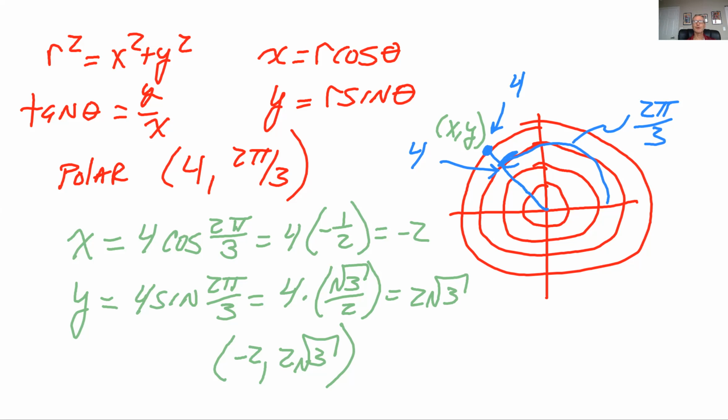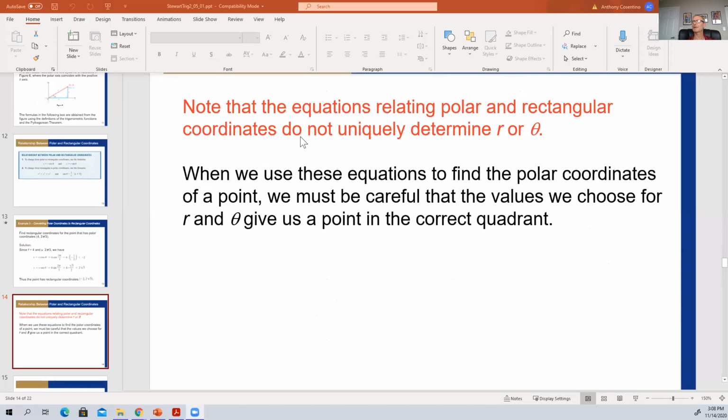This is kind of weird, but I do want to point out that the equations relating polar and rectangular coordinates do not uniquely determine r or theta, especially because when you go around 2 pi, you end up back at the same place.